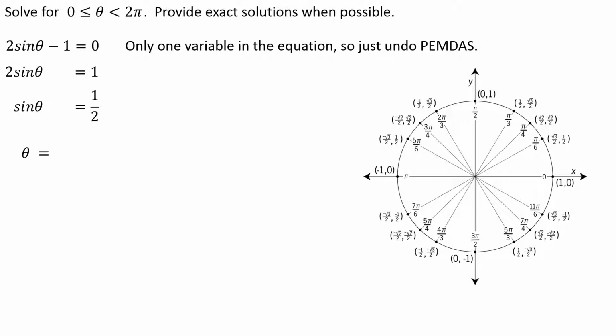So as I go around the unit circle, sine of theta is positive 1/2 when I'm at pi over 6. It is also positive 1/2 at 5 pi over 6. So there are two valid solutions to that equation. Again, this is why we only go around the unit circle one time. Otherwise, there'd be an infinite number of solutions.